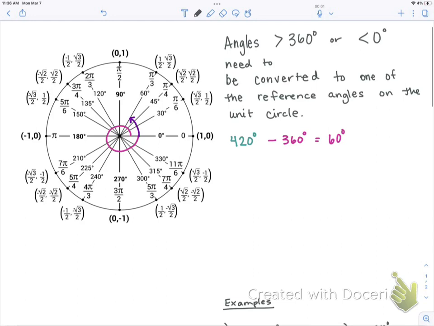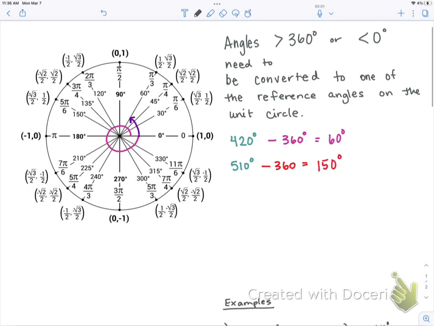So if I wanted to know sine or cosine of 420 degrees, I would look at the ordered pairs at 60 degrees. Likewise, if I had something like 510 degrees, again, it's over 360, so I would subtract 360 from that. That gives me 150 degrees.